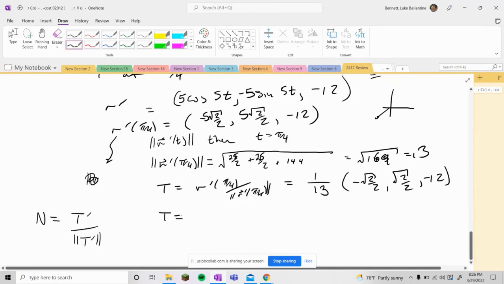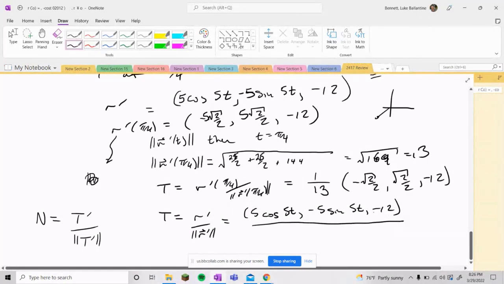So T is r prime over magnitude r prime: 5 cosine 5t, negative 5 sine 5t, negative 12, divided by 13.